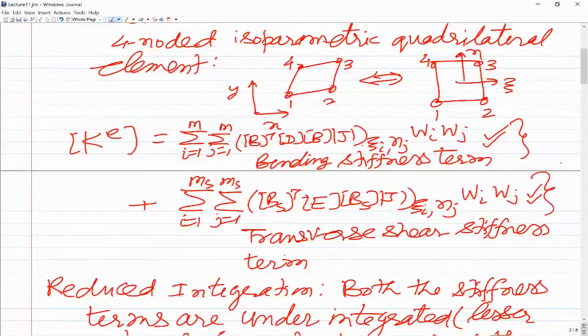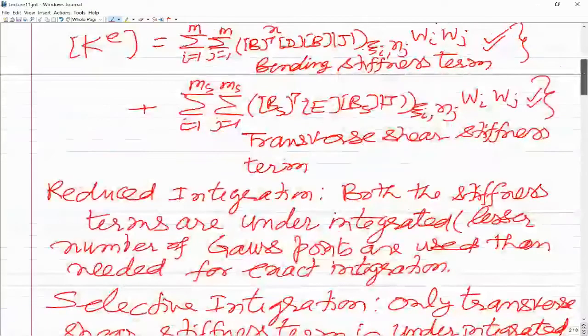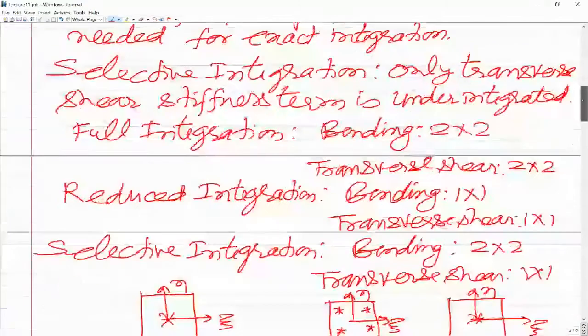Because this integration is evaluated as a summation, but still we are kind of doing the integration, that is why this is referred to as integration. We are essentially doing numerical integration, so instead of explicit integration, you are having this summation. Basically, instead of integrating exactly, we are integrating in an approximate manner.